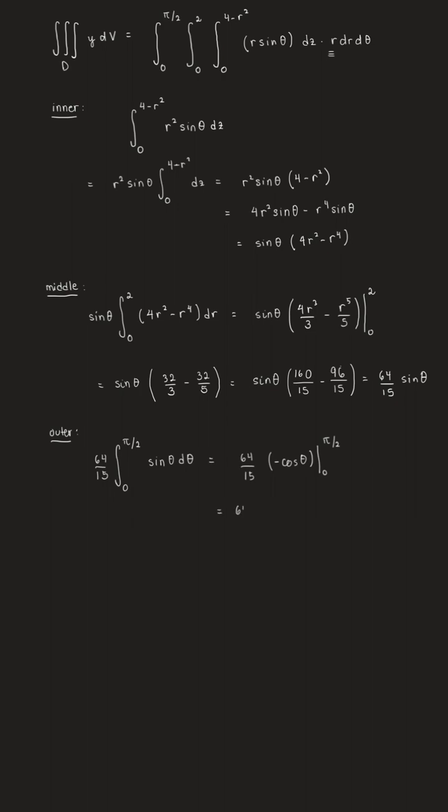So that's 64 fifteenths. And when I put in pi over 2, cosine of pi over 2 is 0. So this will be 0 minus a negative, so plus cosine of 0, which is 1. So this answer is just going to be 64 over 15, and that is the value of our triple integral that we evaluated using cylindrical coordinates.